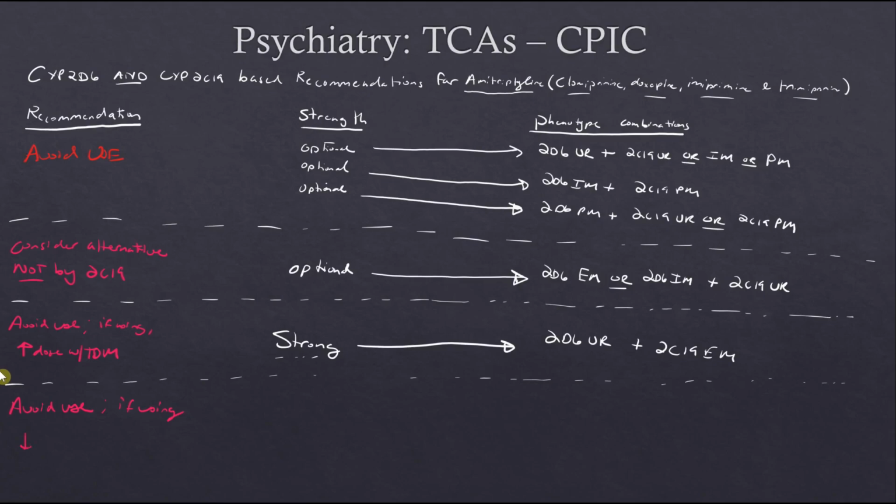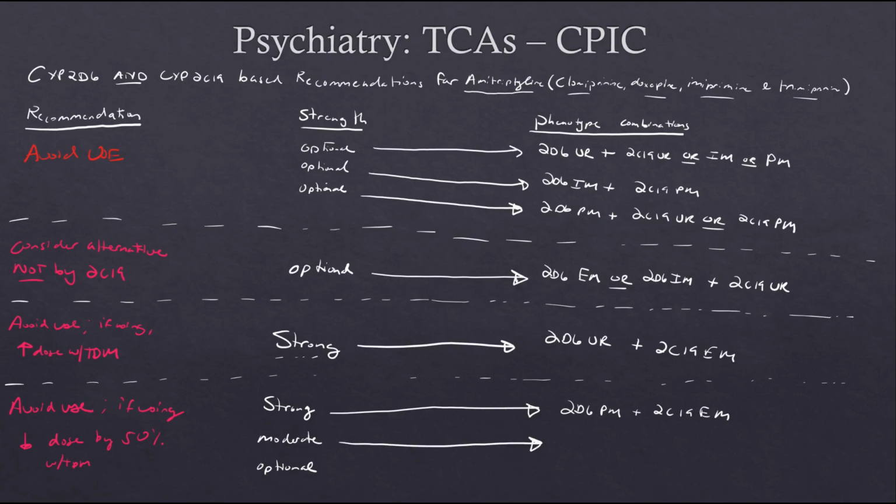And this one goes in the opposite direction of the preceding recommendation, and that's to avoid use, but if you are going to use it, decrease the dose by 50% and consider the use of therapeutic drug monitoring. So let's take a look at what combinations of phenotypes this exists for. And again, as you may have suspected, if you're decreasing the dose here, you're likely having higher levels of drug on board due to poor metabolism.